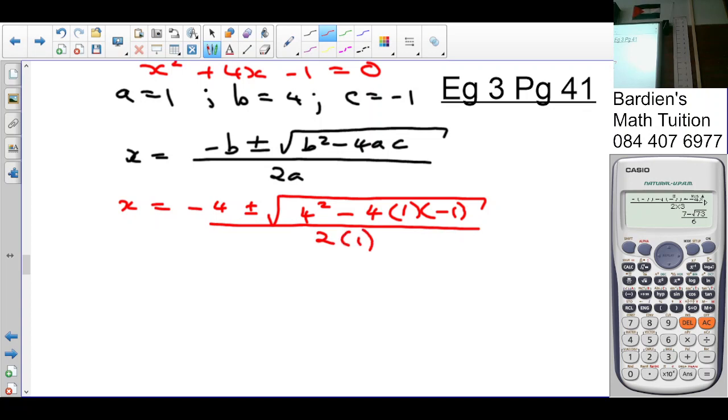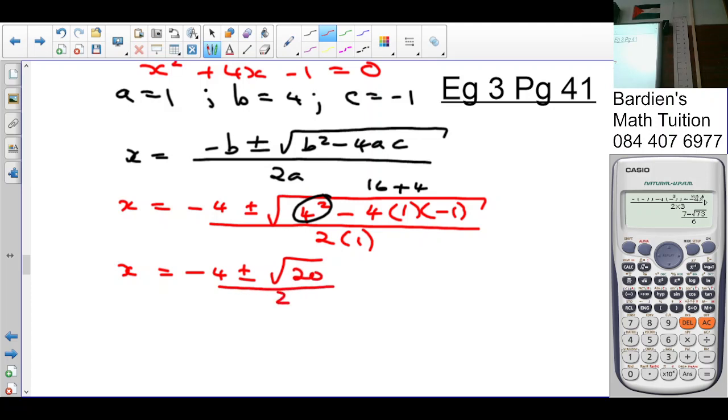You all agree with that? No calculator. So x is equal to minus 4 plus minus. Now 4 squared is 16. Okay? Negative 4 times negative 1? Positive 4. In other words, that would be the square root of 20 over 2.